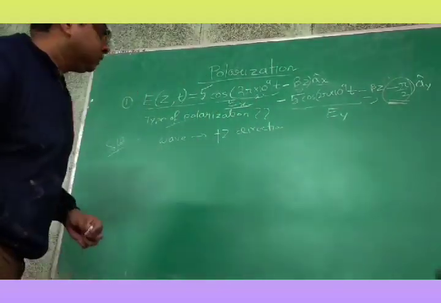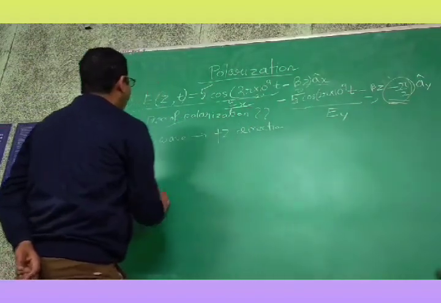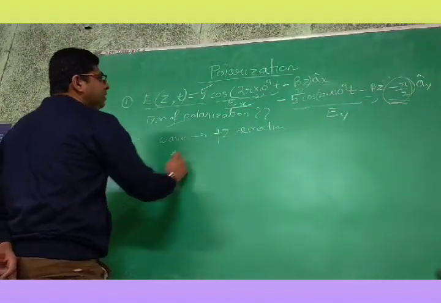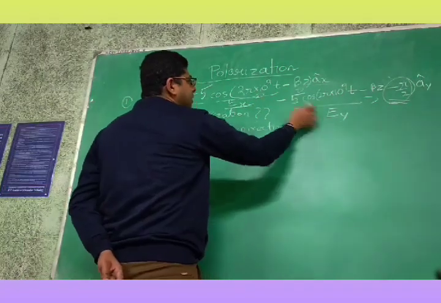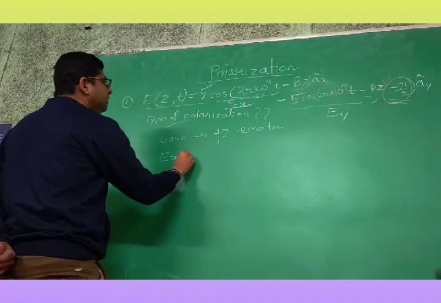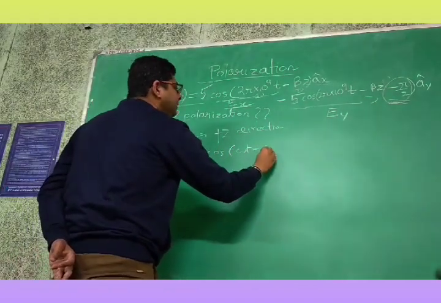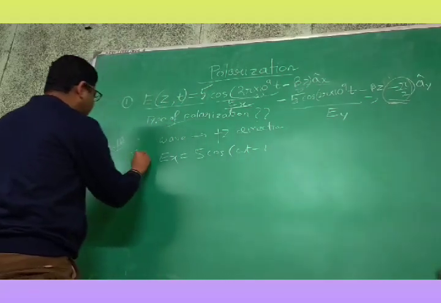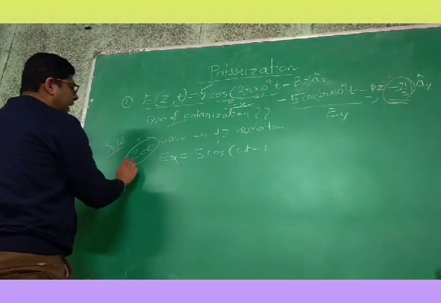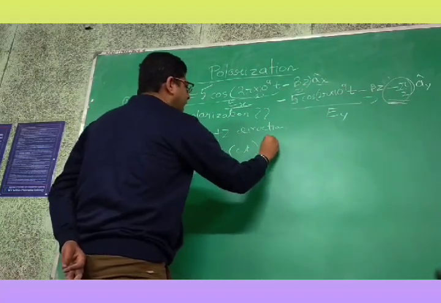What we have done, which one is leading, this one or this one? Remember, what I have done is basically Ex is 5 cos omega t, let us put z equal to 0, because we will be seeing at this point. So this will be 0, so cos omega t Ax cap.